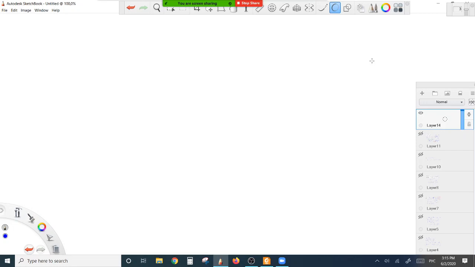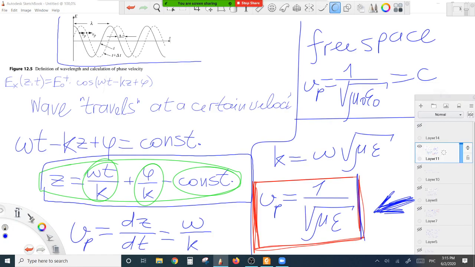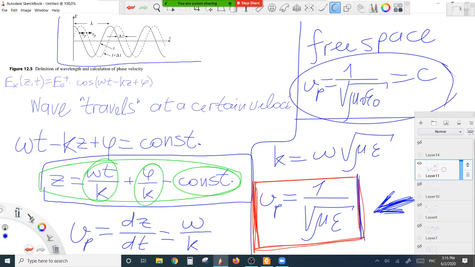This conclusion, which says that the phase speed or speed of propagation of electromagnetic waves in free space equals the speed of light c, should not have been surprising, because as we know, light is also an electromagnetic wave.